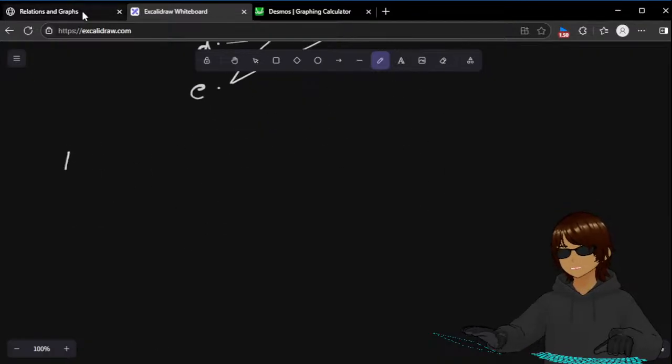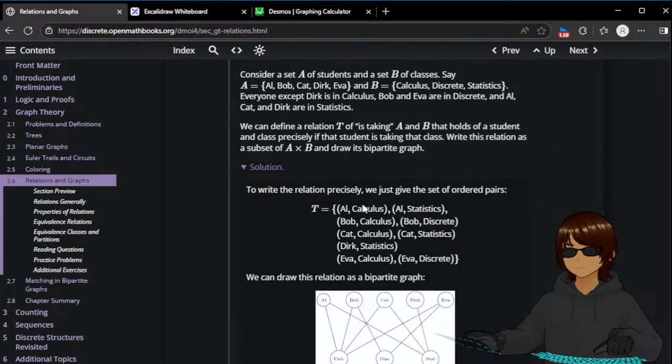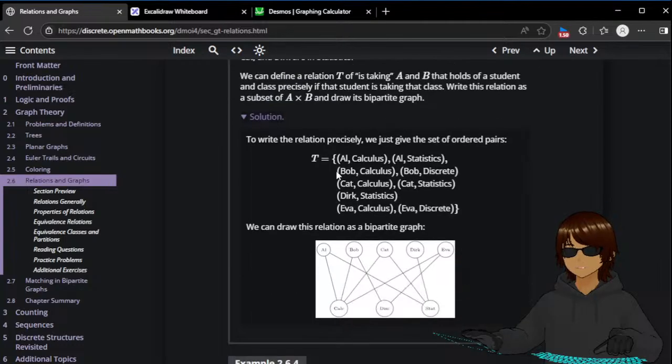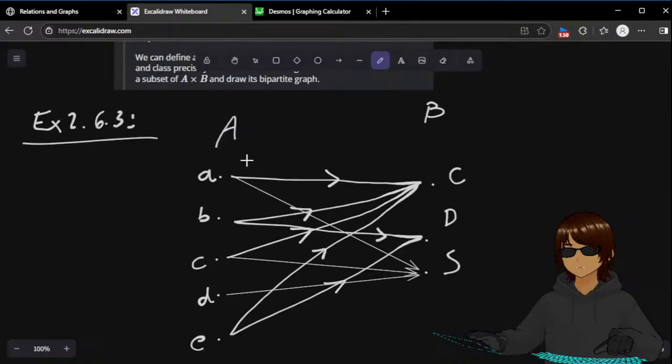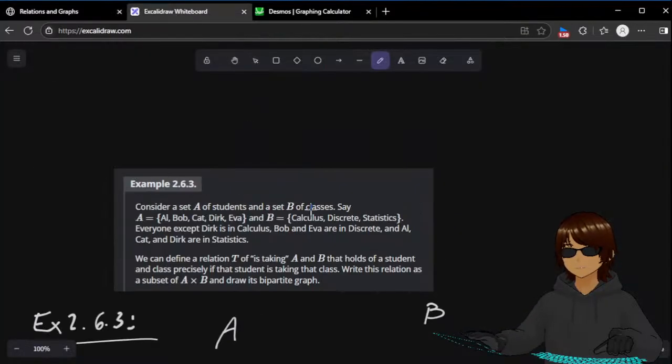Wait, how do you define a relation again? Oh, so a set of ordered pairs. That's how you define it. Calculus, statistics. Okay, okay. And they drew the graph like this.